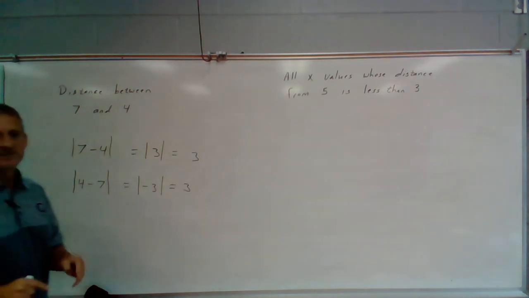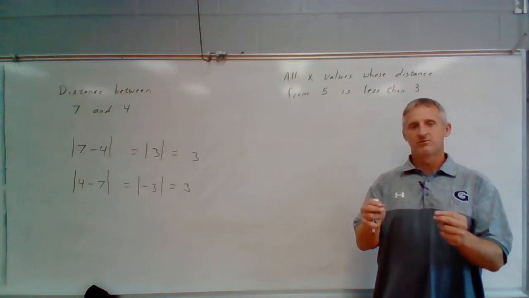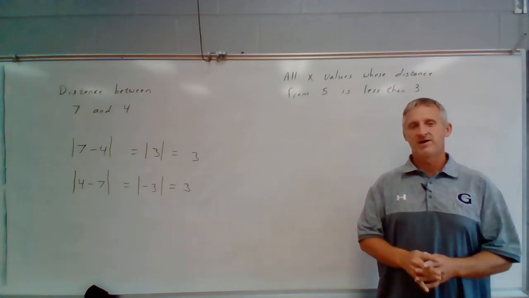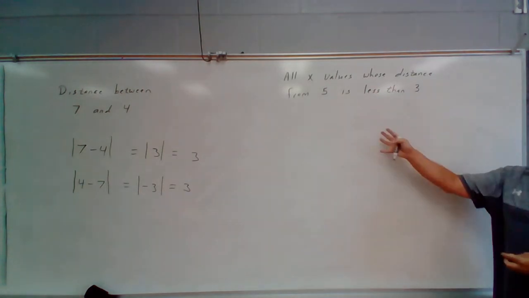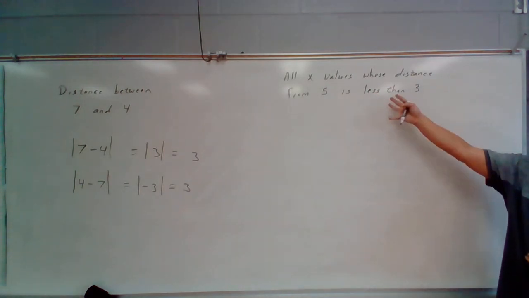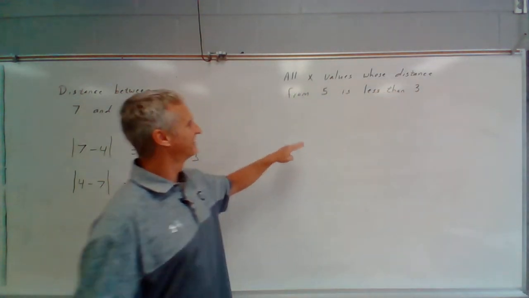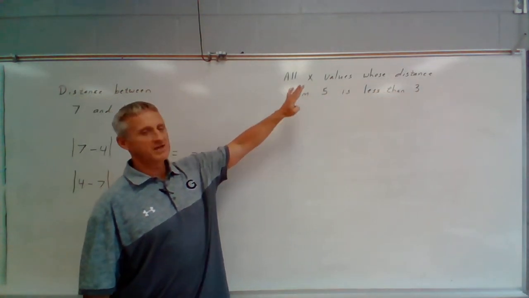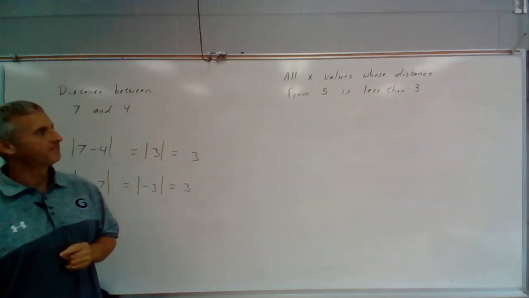So you can always find the distance between two numbers by subtracting in either order and taking the absolute value. All right, so let's see if we can write an absolute value expression that encapsulates these words. All right, so I want all x values whose distance from 5 is less than 3.